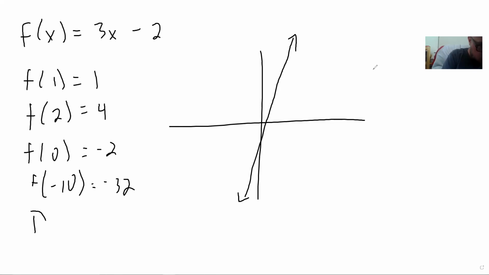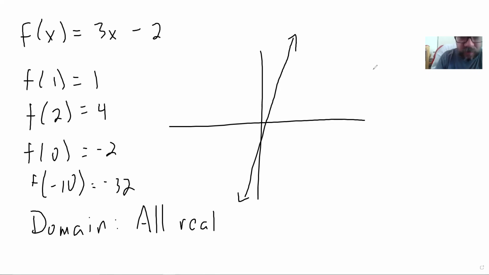Domain, there's a bunch of ways you can write that. All real numbers. I'll say all real numbers. You could put in complex numbers too, there's nothing preventing that. But I'm just saying real numbers because the only thing on the Cartesian plane are real numbers. You might also write it this way, R with an extra vertical bar.